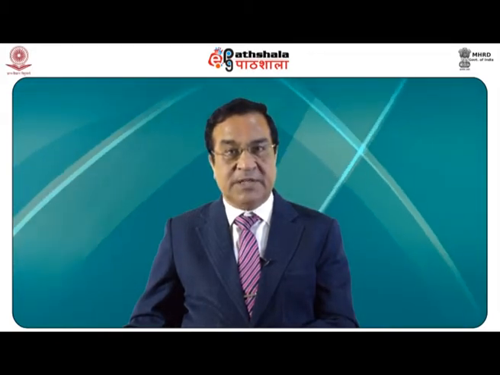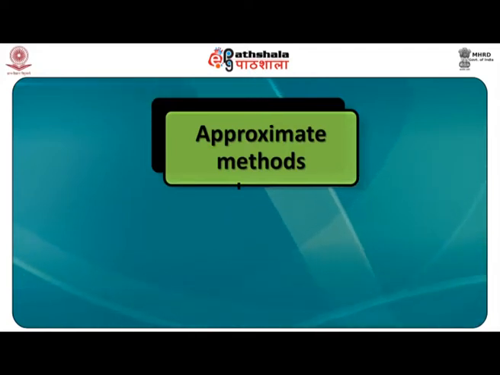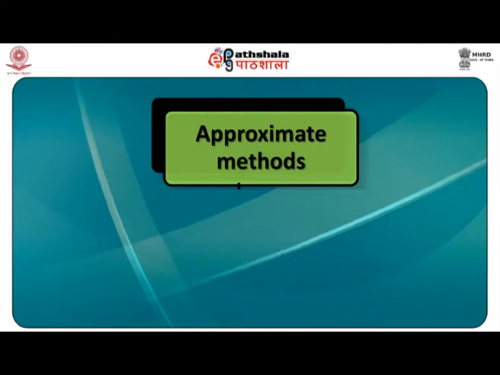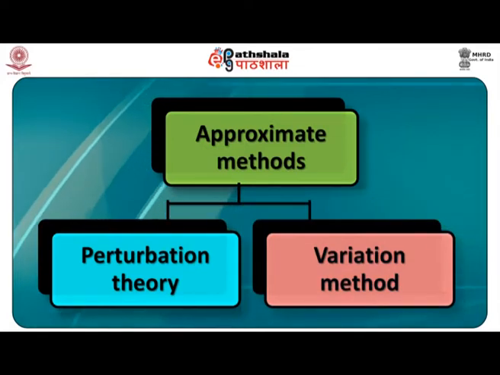Since most chemical systems contain more than one electron, in order to solve them, we need approximate methods. Normally, there are two major approximate methods in quantum mechanics. One is the perturbation theory and the second is the variation method.